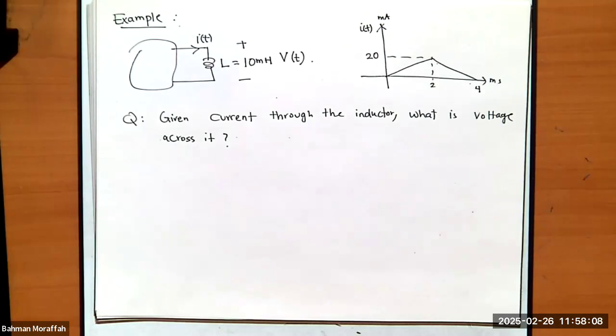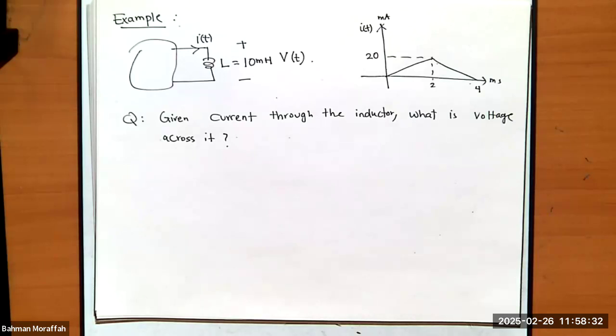Therefore, for times between 0 to 2, voltage is positive, but for times between 2 and 4, the voltage is negative. So there is a jump happening exactly at t equals 2 milliseconds. So voltage might not be continuous. In this case, it is not.